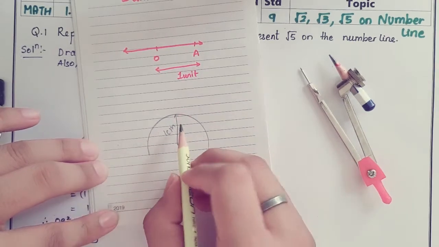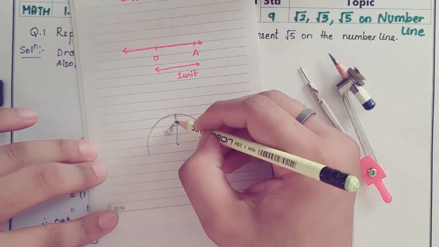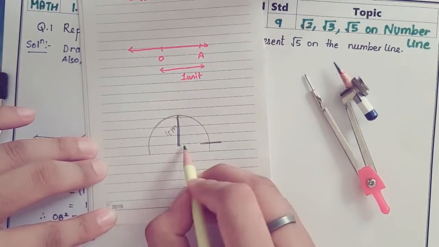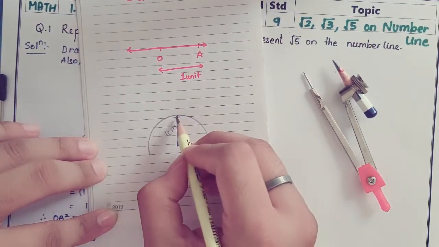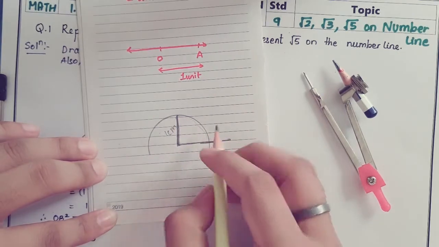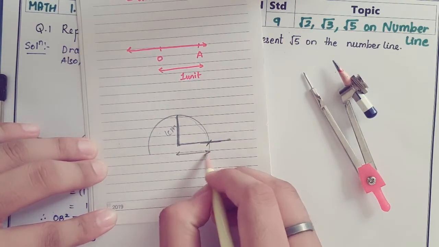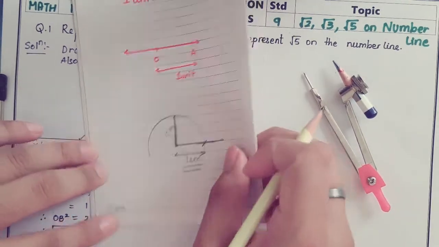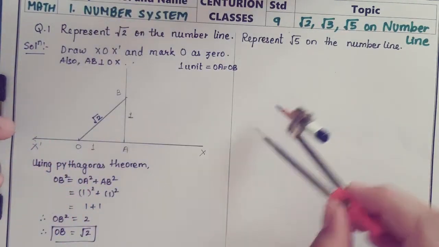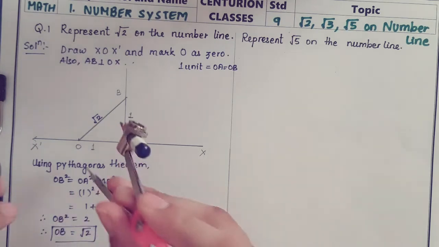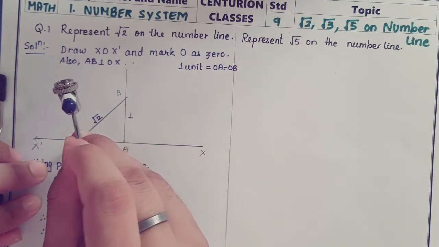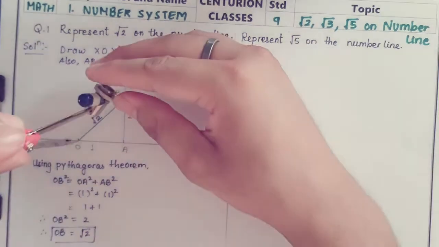Now if I ask you to draw this length here on the number line, you just take the distance and put the mark over here. This distance will also remain the same because this is the radius. In the same way, this is root 2, so you have to keep your compass like this.